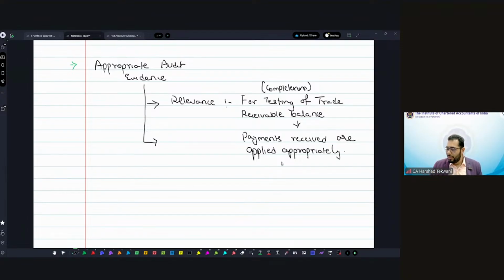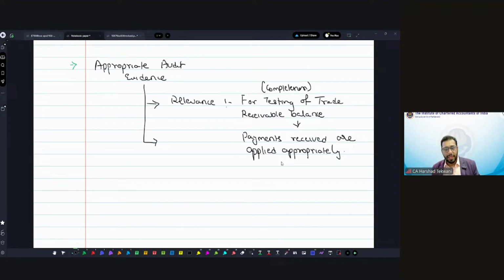So what you are doing here is, in order to test the completeness of the trade receivable balance, you are checking whether the payments received are applied appropriately or not. So you are checking application of payments received.